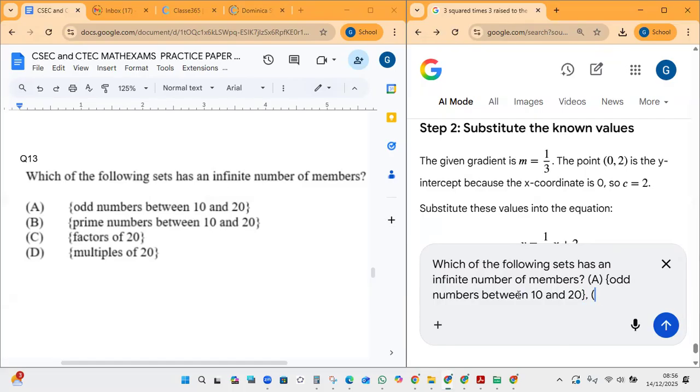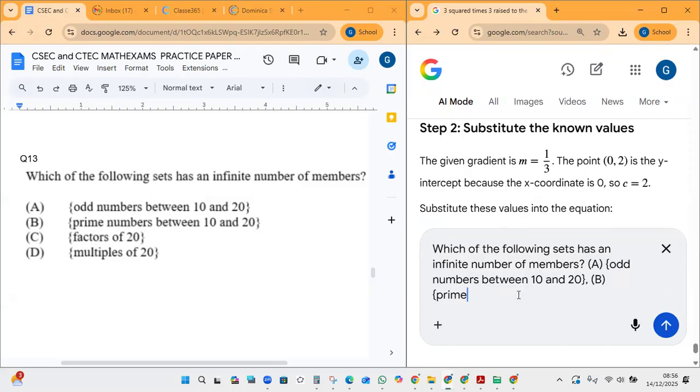Comma B, prime numbers between 10 and 20. And by the way, this is the symbol for a set. One of the symbols for set, the curly brackets.